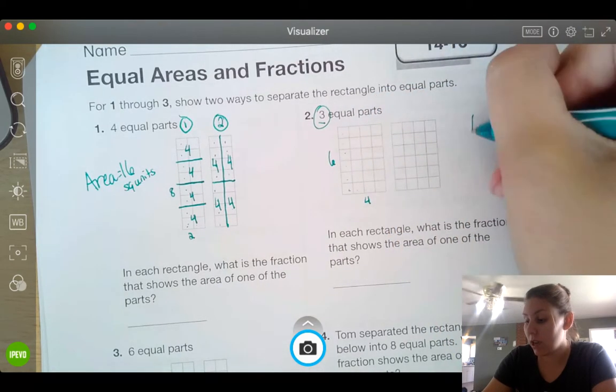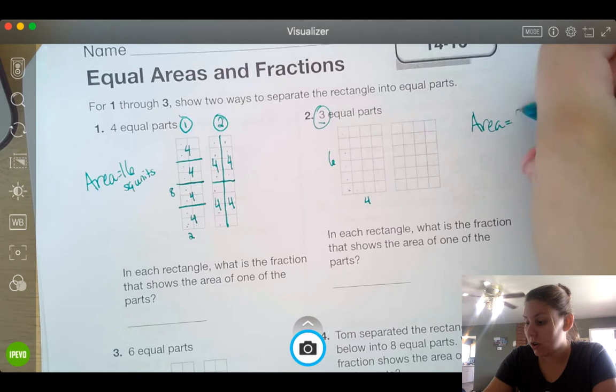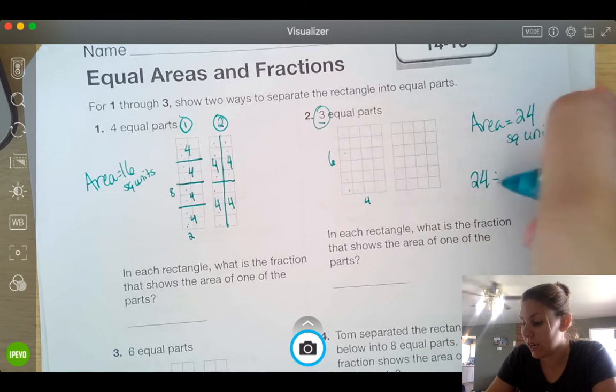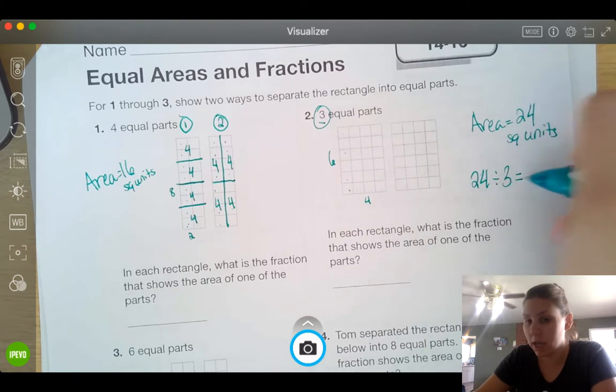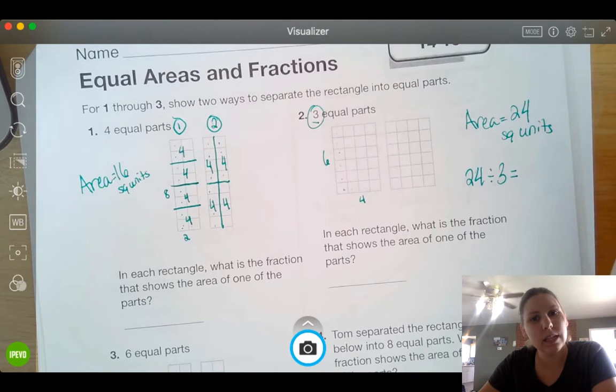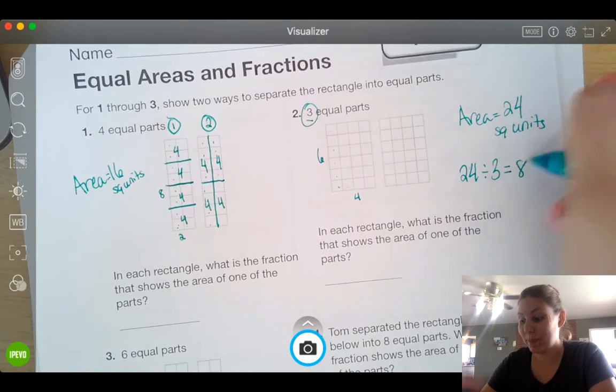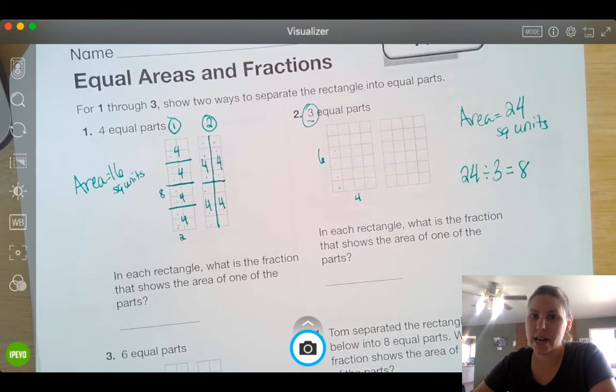So my area is going to be 24 square units. Now, if I have 24 and I divide that into 3 equal pieces, how many needs to be in each part? Needs to be 8. So I need 8 in each piece.